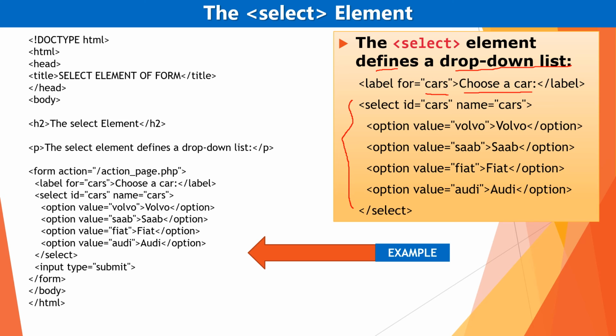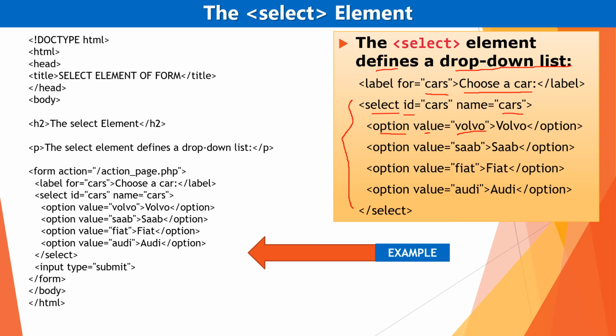So what is that? Select ID. ID is an attribute, and cars is the value of that attribute. The name is also cars, and the select has option values. For example, the value is given in double quotation marks: Volvo.